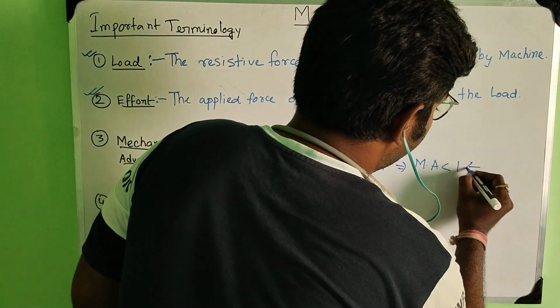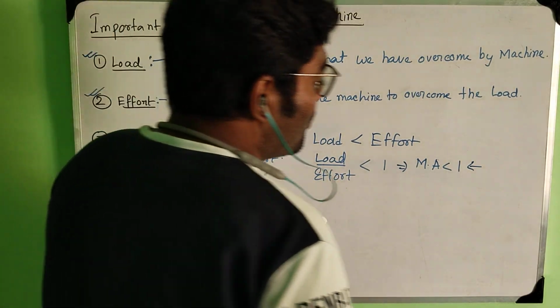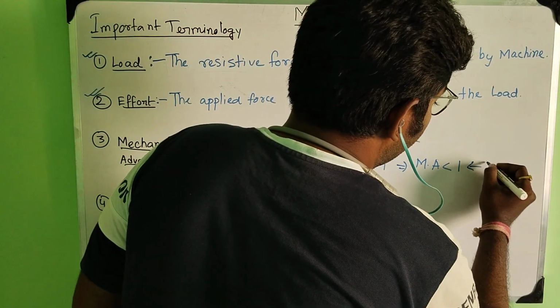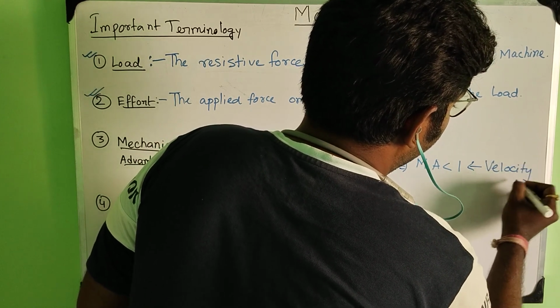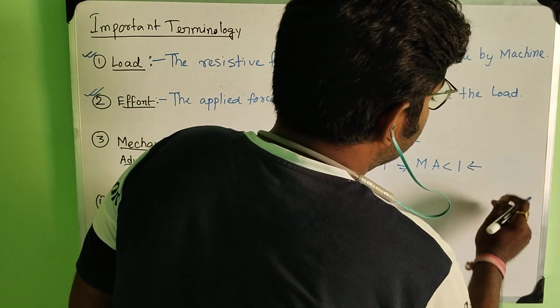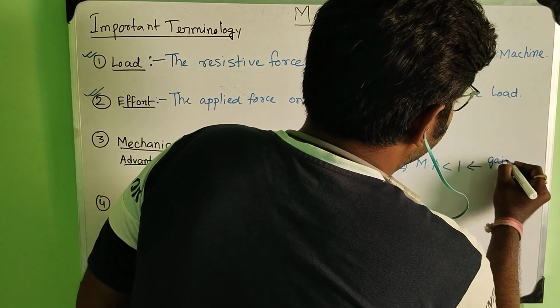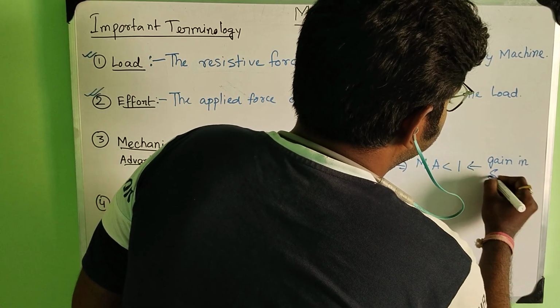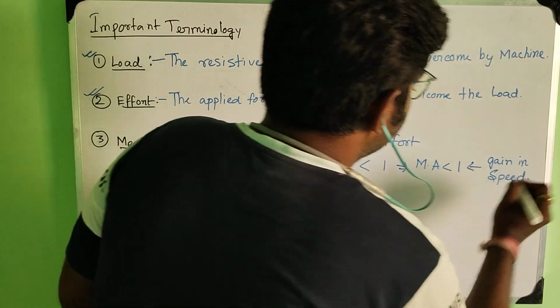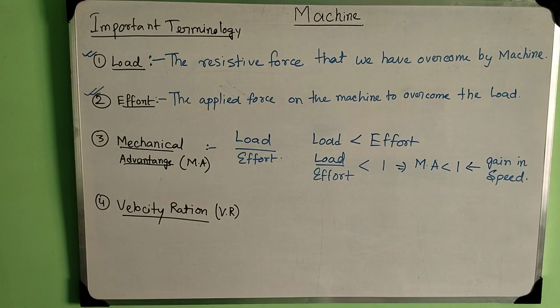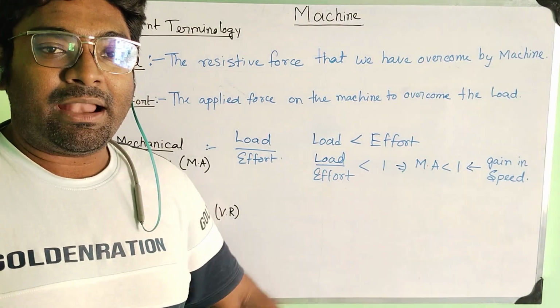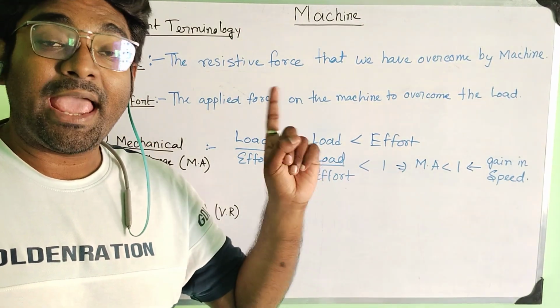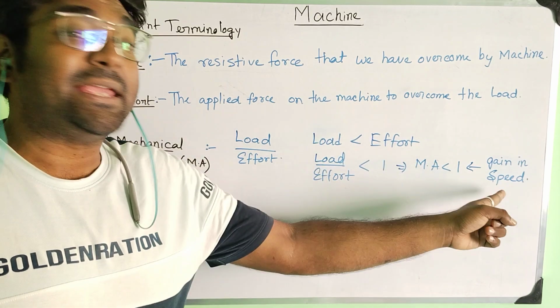Then this type of machine helps as a velocity multiplier, or you can say it helps in gain in speed. So the machines which have mechanical advantage less than 1 help to gain speed.